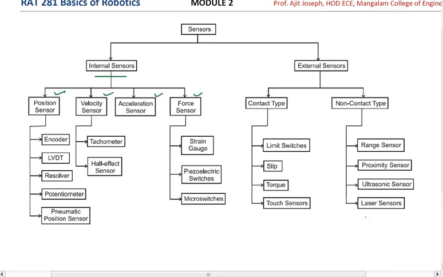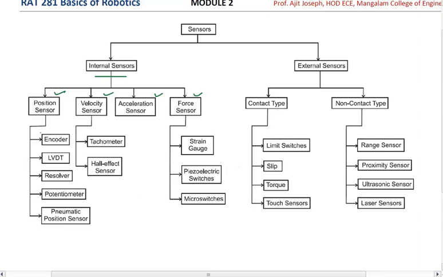If it's a very hot body, then you want to use a non-contact type, or if it's a medium temperature, then you will go for a contact type. So it depends on the application whether you use contact or non-contact sensors. These are the basic classifications.